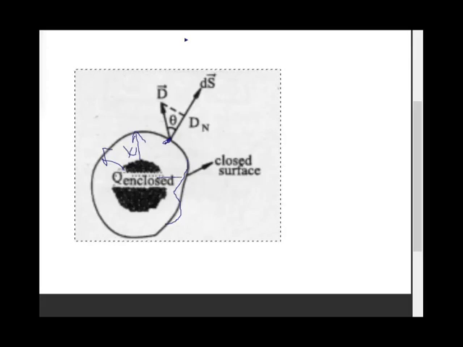Gauss observed that if the surface is a uniform sphere, then the complete charge comes out. But if the sphere is not uniform, if it is tilted in some direction, then the charge travels in the normal direction. When it comes out from the surface, it will not be in the direction of the surface. The direction of the surface is perpendicular to the surface.